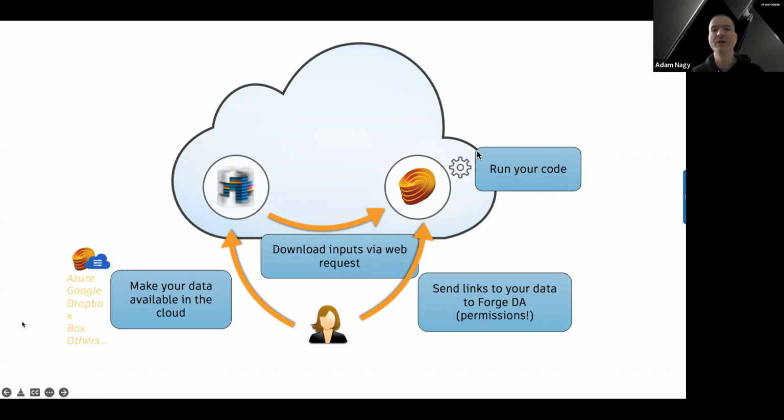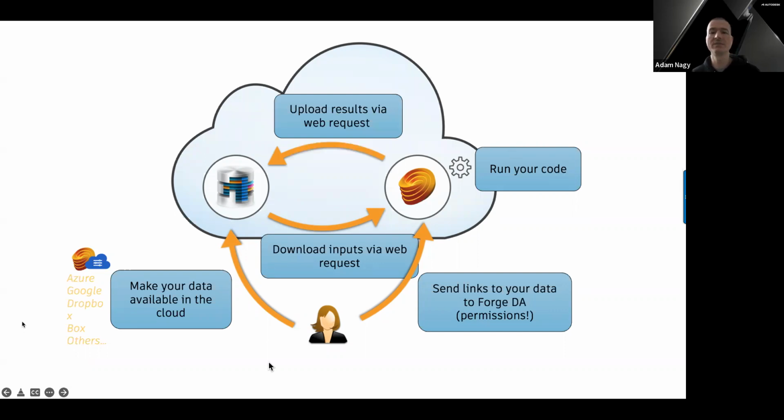So the code inside your app bundle will be running inside Design Automation on our servers. And once it's finished processing, the resulting files will be uploaded back to the place that you provided the link to. So when you started the whole process, you provided a link for the input files, and you also had to provide the link where the resulting files should be uploaded.